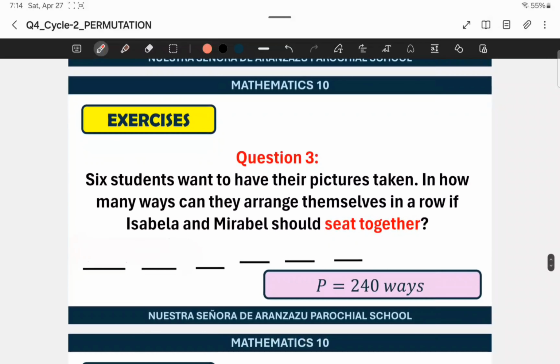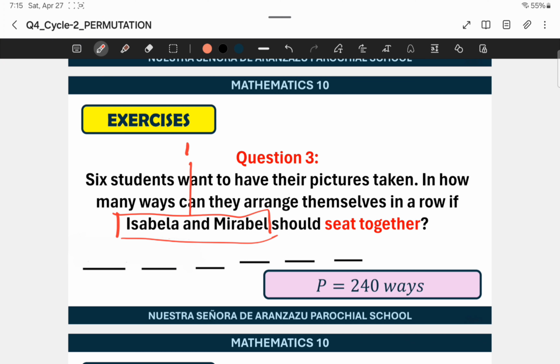Okay, next, number 3. 6 students want to have their pictures taken. In how many ways can they arrange themselves in a row if Isabella and Mirabel should sit together? So on this problem, sabi dyan, they should be seated together. So si Isabella and Mirabel will be counted as 1. Para at least, kung i-count natin sila as 1, hindi natin sila mapaghihiwalay.